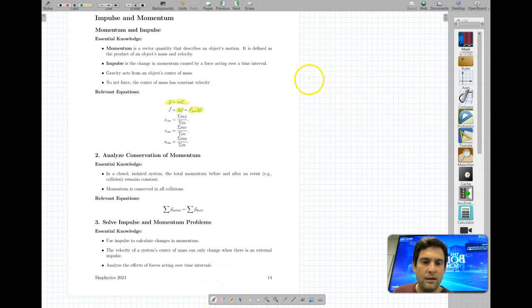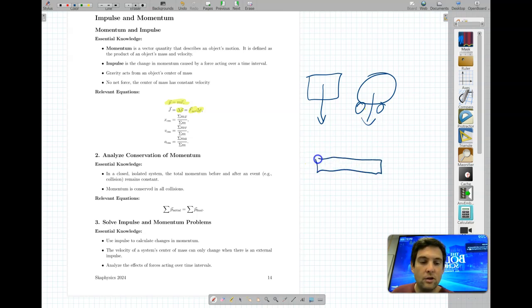Whenever we have drawn the forces and where they act, we're always drawing them from the center. That's because gravity is going to act on your center of mass. If you were to take a long meter stick and you wanted to weigh it, if you just put the center of mass on the scale, that's going to give you your reading.